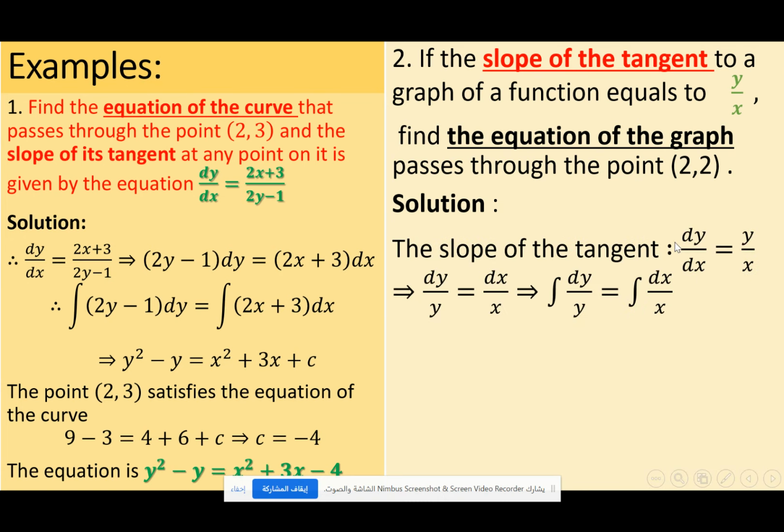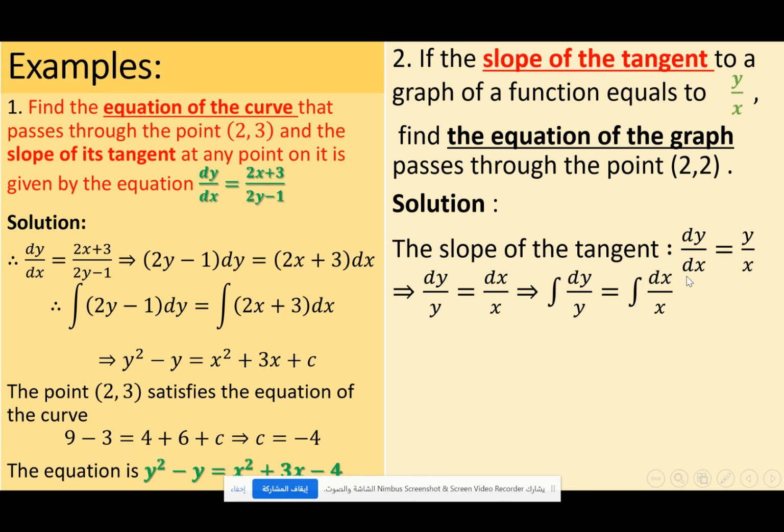Here we can see that the slope means dy over dx equals y over x. Now you are going to put x together and y together to integrate them. So you can't make the normal cross multiplication here. But you can make a switch: dx goes up instead of y, and y goes down instead of dx.